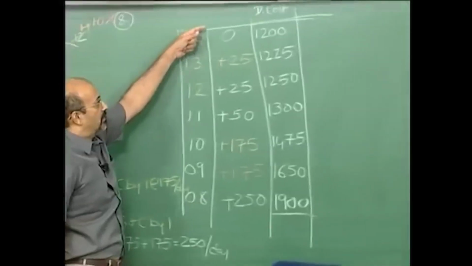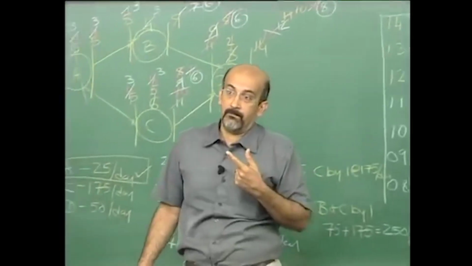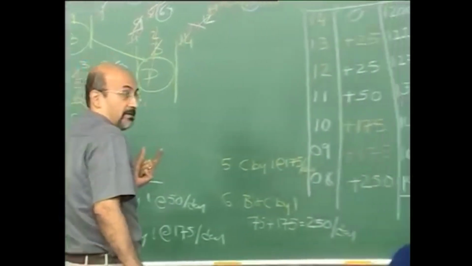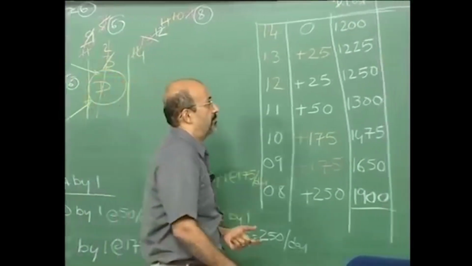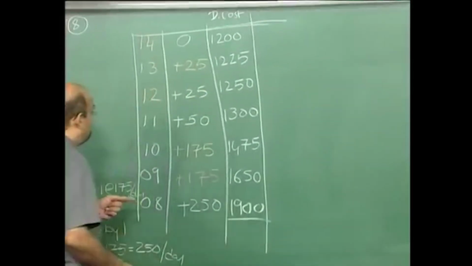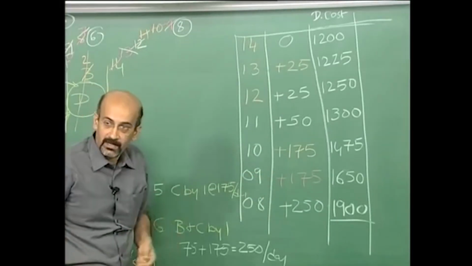So this is my total direct cost on the whole project, and if I plot a graph, you will see that as the project duration decreases, my direct cost is increasing.